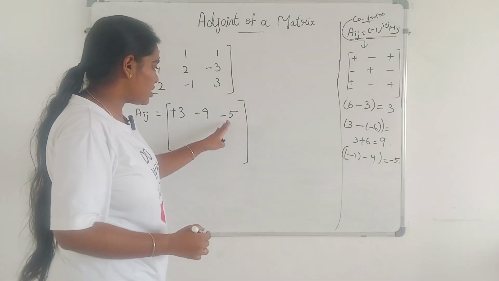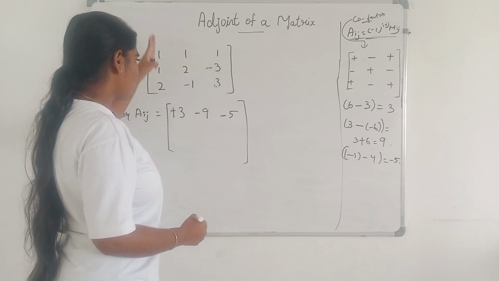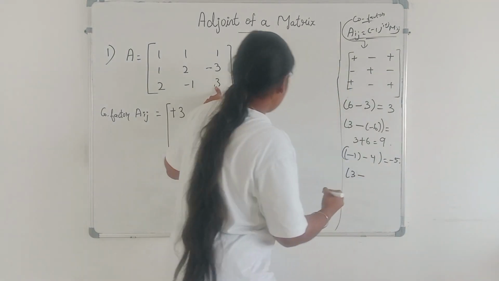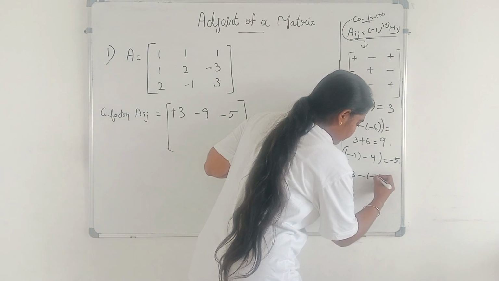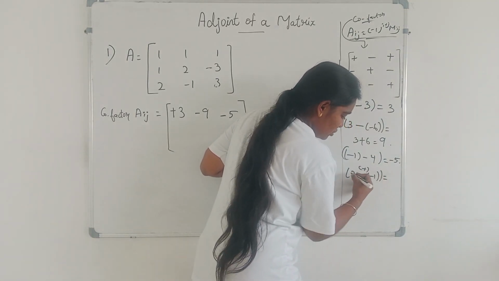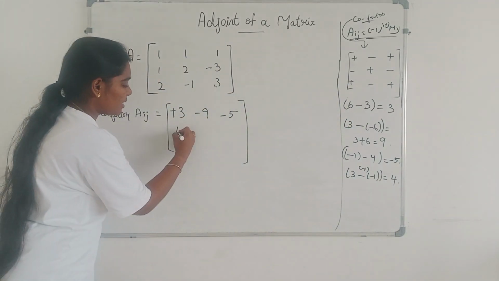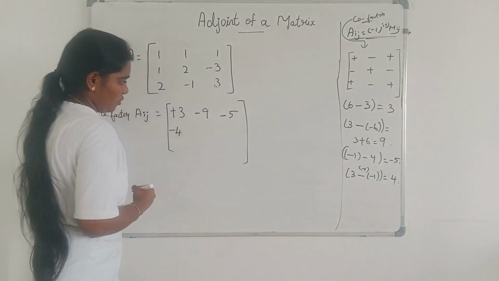Next, for this one, deleting the corresponding row and column, 1 into 3, 3, minus 1 into 1, minus 1. So 3 plus 1, 4. The sign is minus, so minus 4.